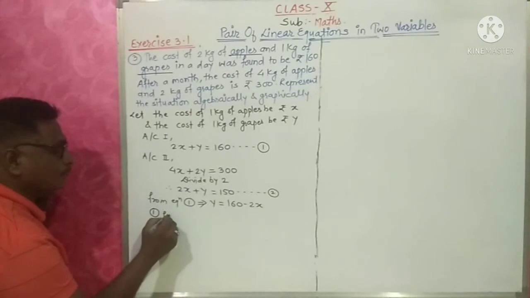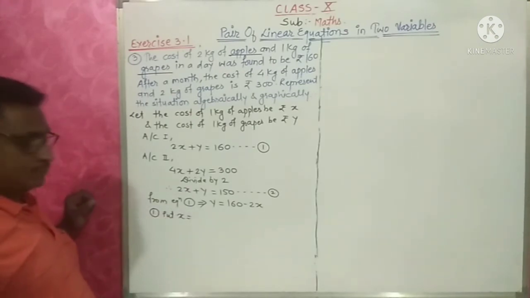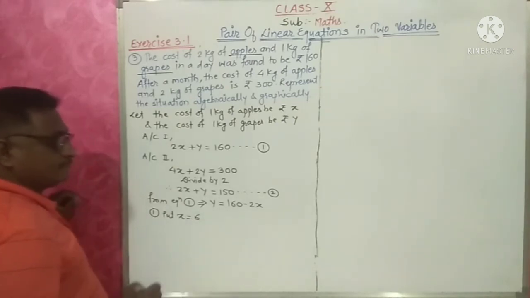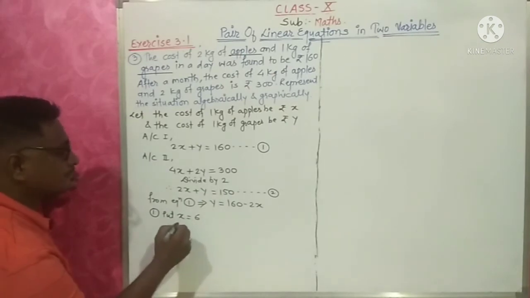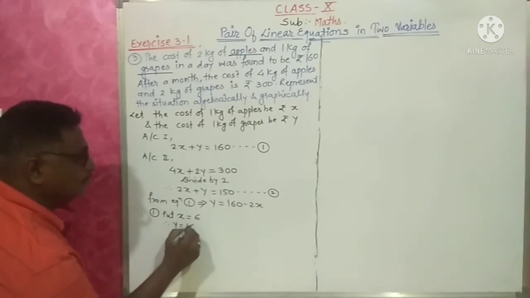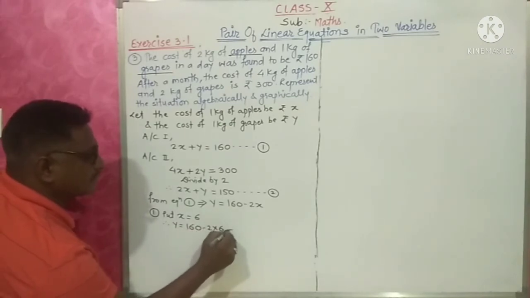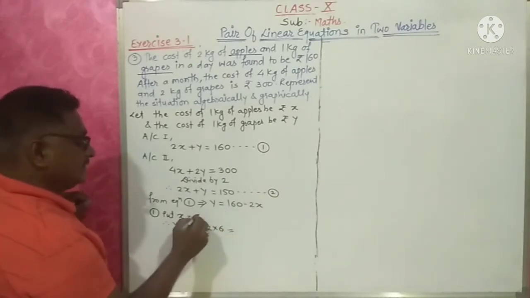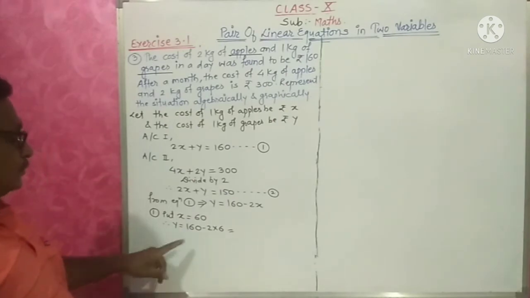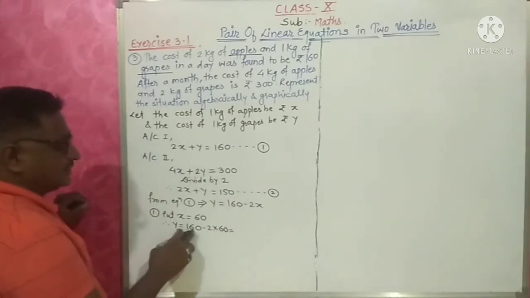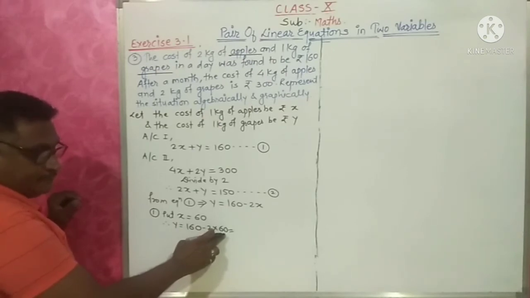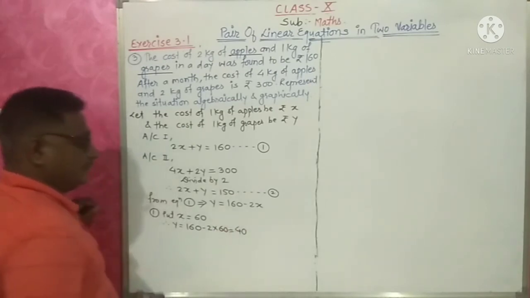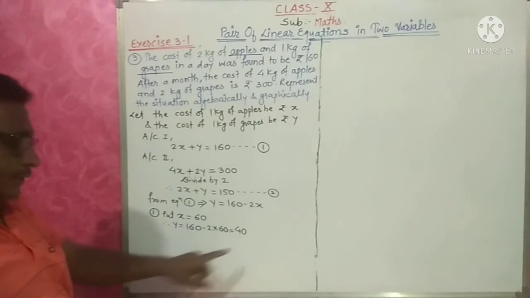First, put x equals 60. So y equals 160 minus 2 into 60, that is 160 minus 120, which is 40.